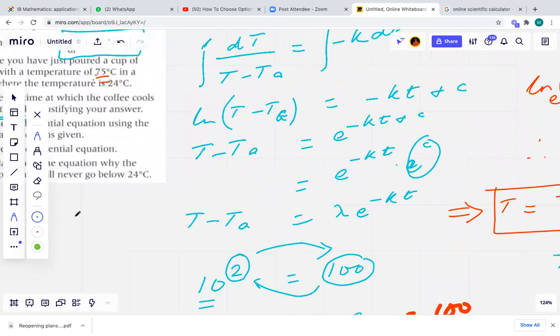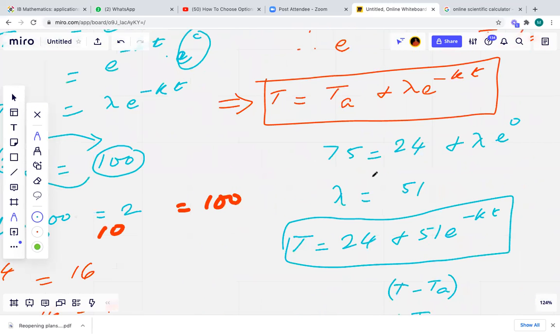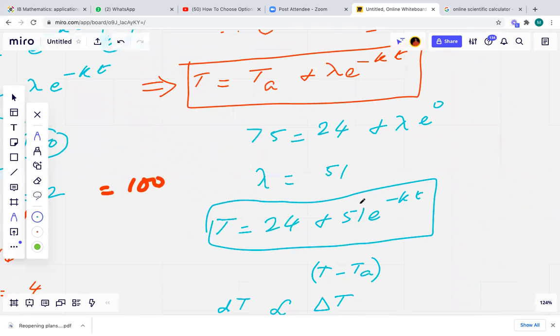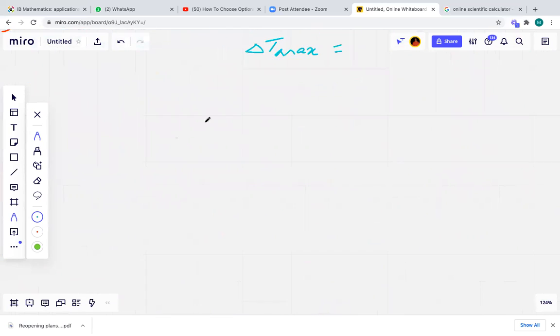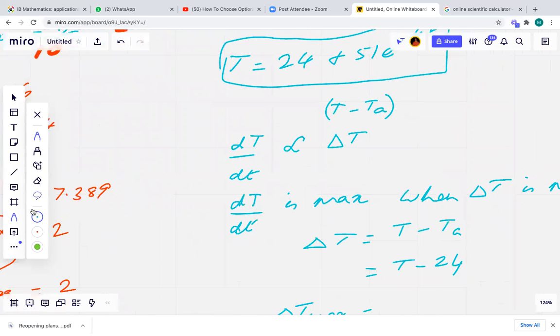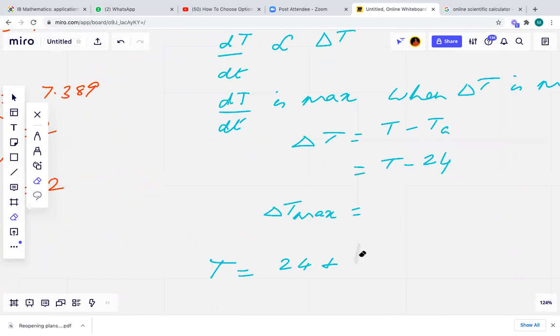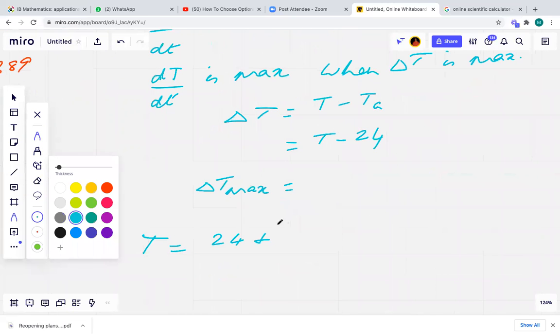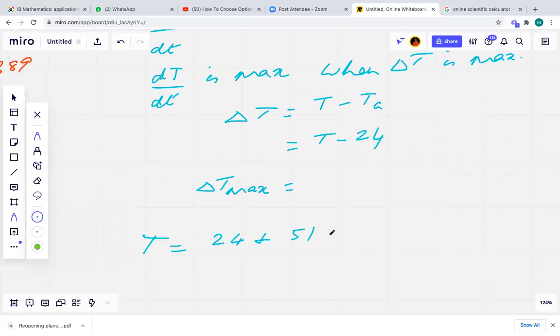Okay, suppose temperature is below 24. See, my temperature is 24 plus lambda. Lambda was how much? 51. Plus 51 e raised to minus kt.